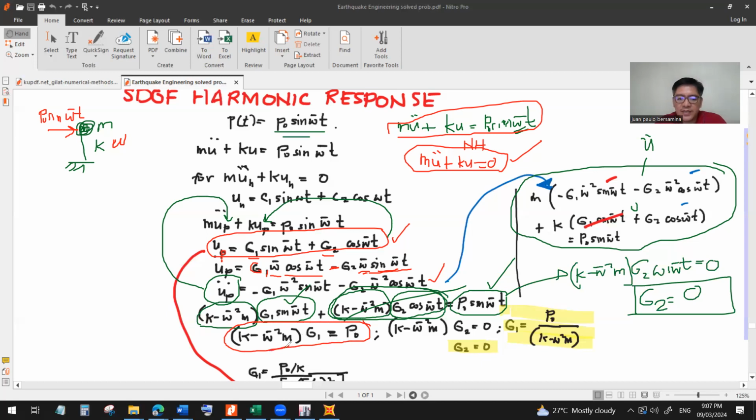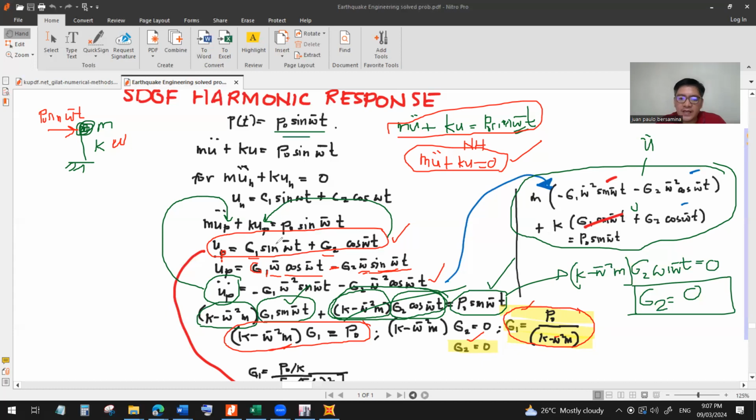And transposing this, you will now find G sub 1. G sub 1 is equal to P sub 0 over k minus omega bar square m. Omega bar, this, so I won't forget. Okay? So, we have G1, we have G2.